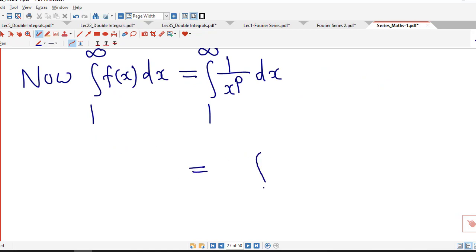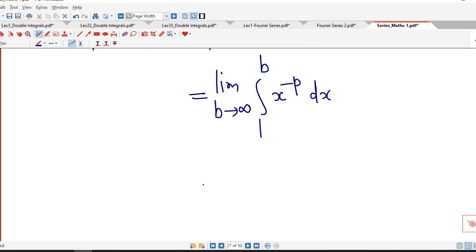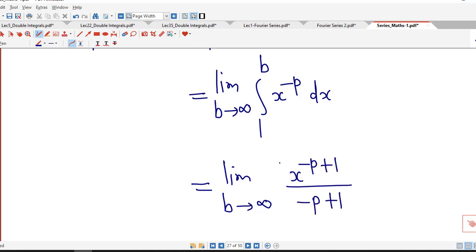By the definition of an improper integral of type 1, we have to replace infinity by b, and we consider the limit as b tends to infinity. We rewrite 1 over x raised to p as x raised to minus p. So this is equal to the limit as b tends to infinity of x raised to minus p plus 1 divided by minus p plus 1.